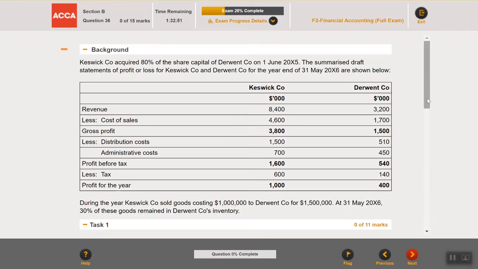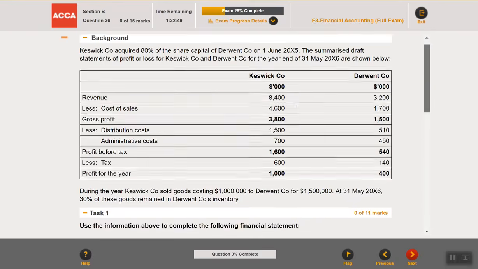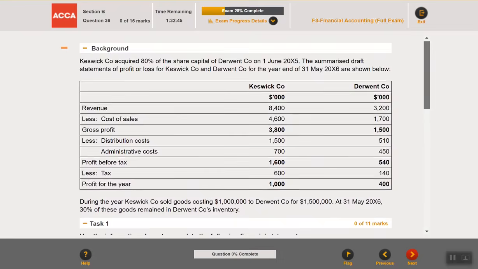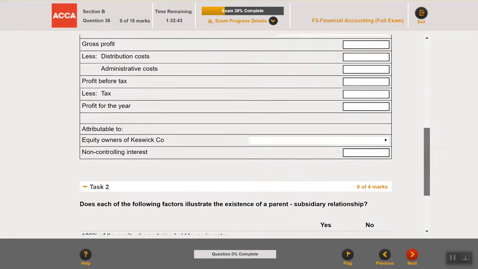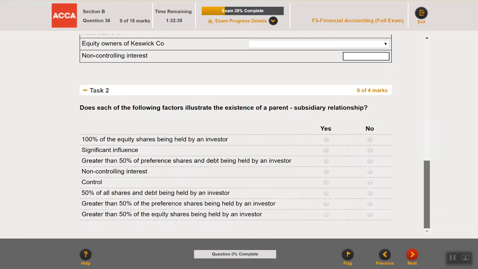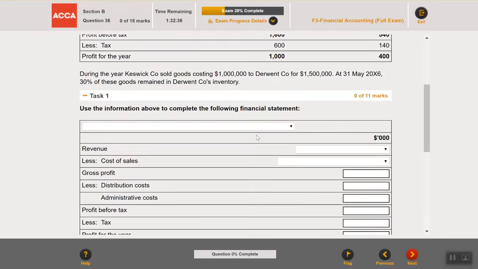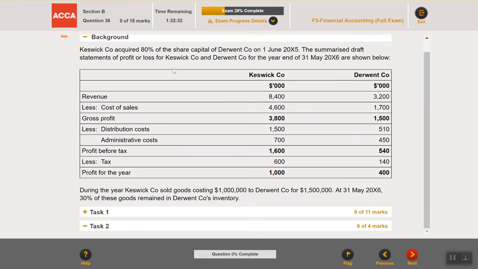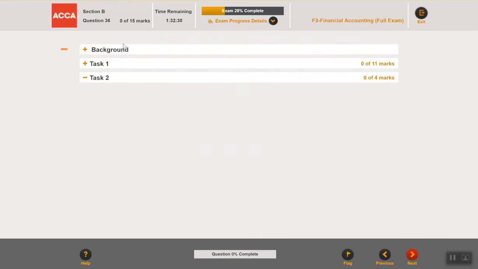Okay, section B. First question. This is a multiple task question. A multiple task question is divided into different parts. Like this question is divided into two parts, which are task number 1 and task number 2. We have background information here.